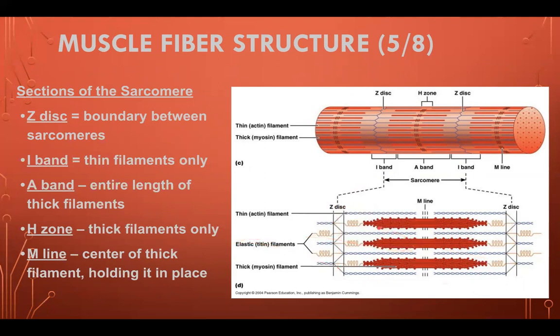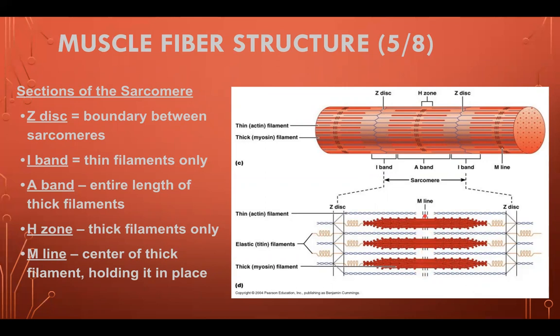The I band is right here, where we only have the thin filament, or actin. The A band is from one end of the thick filament all the way to the other end of the thick filament. The H zone is right here, in the middle of our sarcomere, where we only have thick filament.